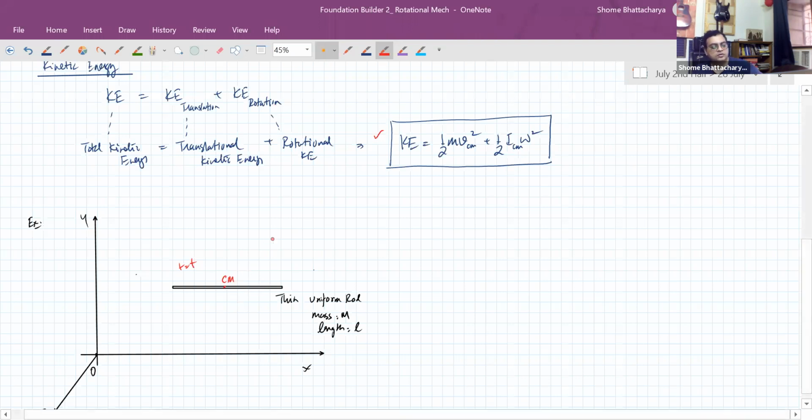At some given instant of time t, its center of mass is located at a certain position and is moving with a certain velocity, while it's also rotating with an angular velocity omega.